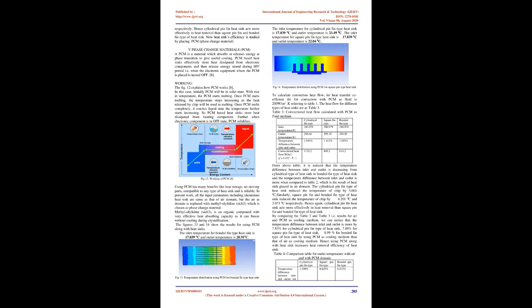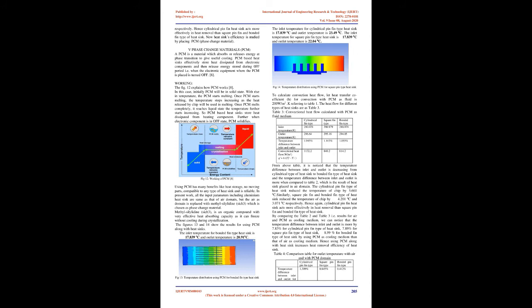The cylindrical pin fin type of heatsink reduced the temperature of chip by 3.8110 C. Similarly, square pin fin and bonded fin types of heatsink reduced the temperature of chip by 2.4610 C and 1.2010 C, respectively. Hence the cylindrical pin fin heatsink acts more effectively in heat removal than square pin fin and bonded fin types of heatsink.